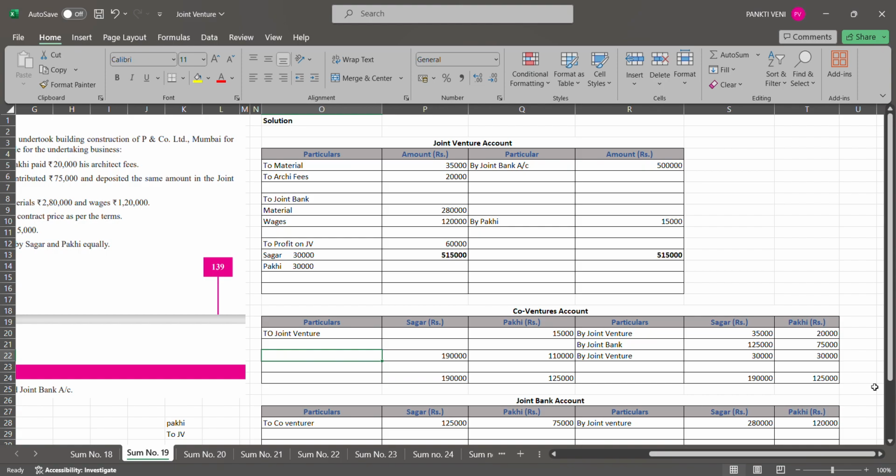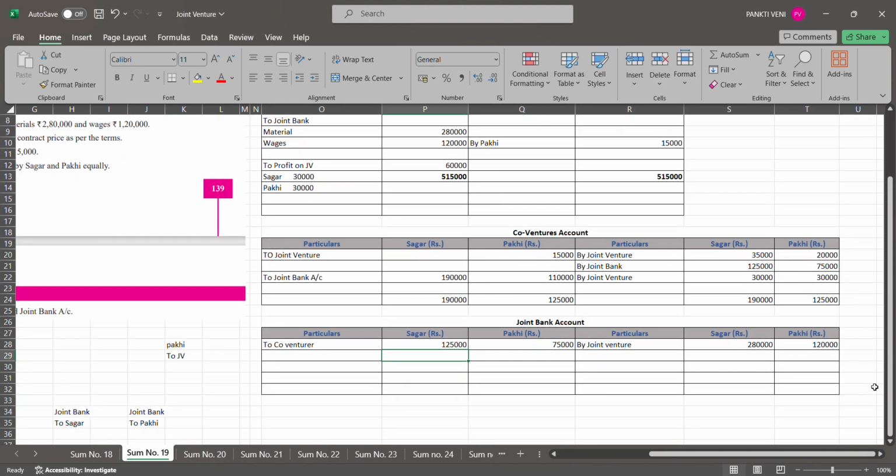Now this joint bank will come here by co-venturer account, 1,90,000 and 1,10,000.